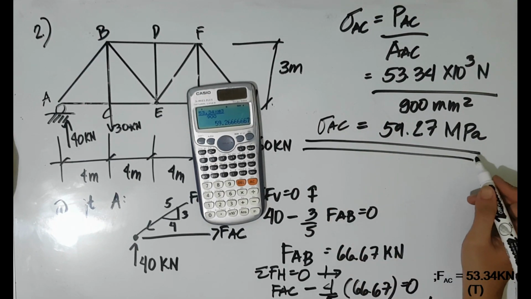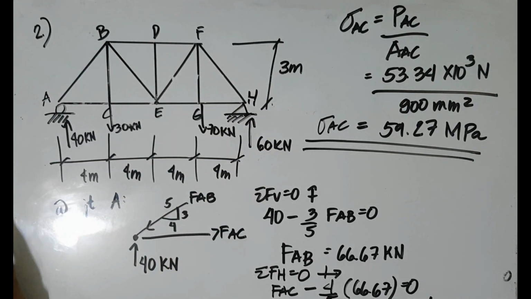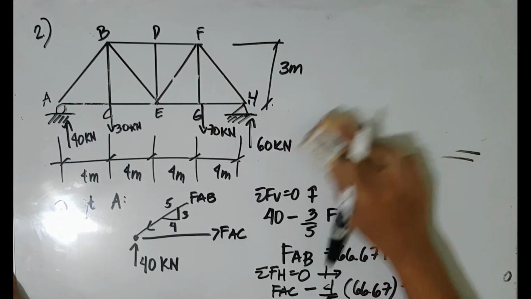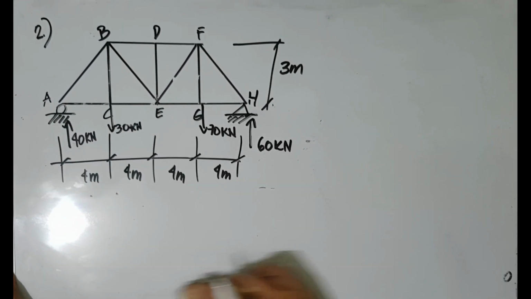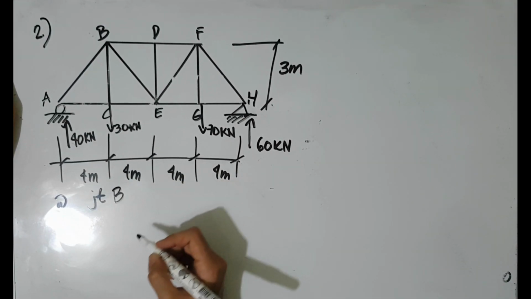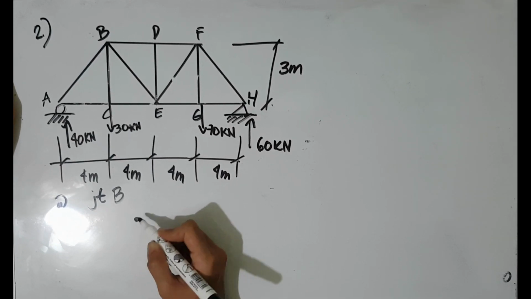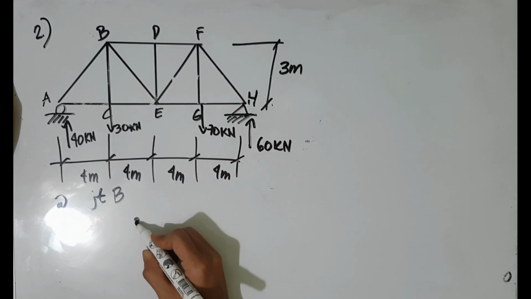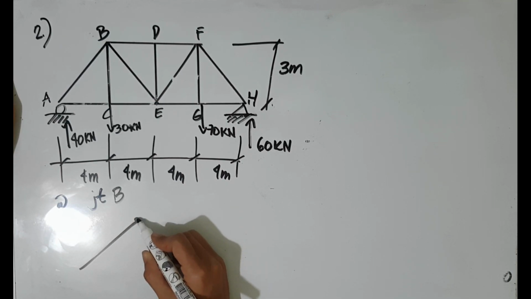And to continue, we will now determine the force acting on the member BD by considering joint B. So again, we will draw the free body diagram at joint B. Force AB is in tension.